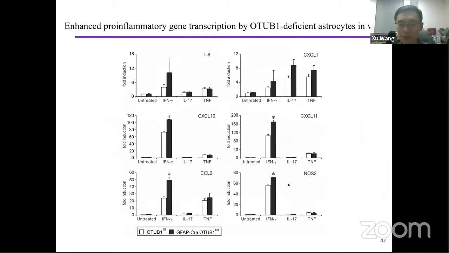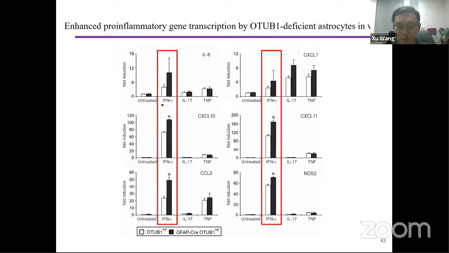And later we also confirmed that OTUB1 inhibits interferon gamma-induced astrocyte activation. And OTUB1 doesn't play a role in astrocyte activation mediated by IL-17 or TNF.